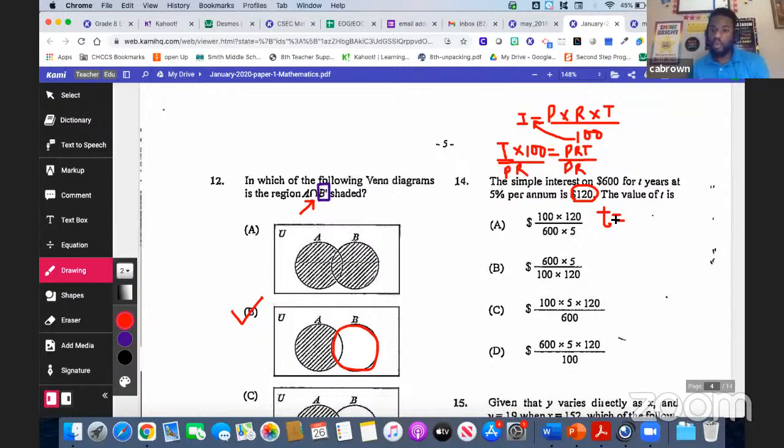So T is the interest, which is 120, times 100, divided by the principal, which was the amount of money, 600, times the rate, which was 5. And in doing that, we can see that A is our answer.